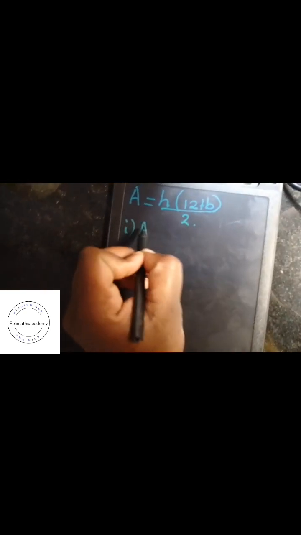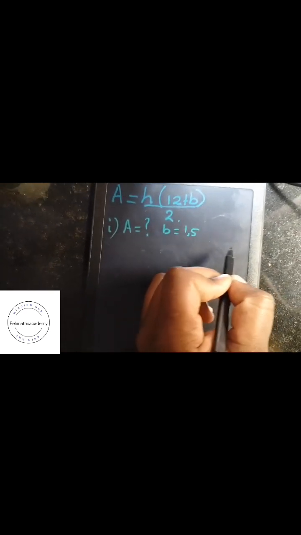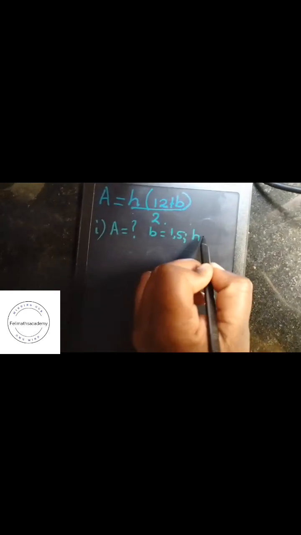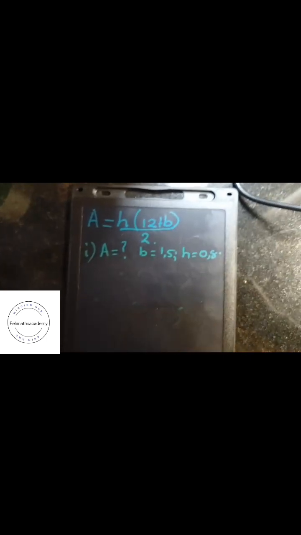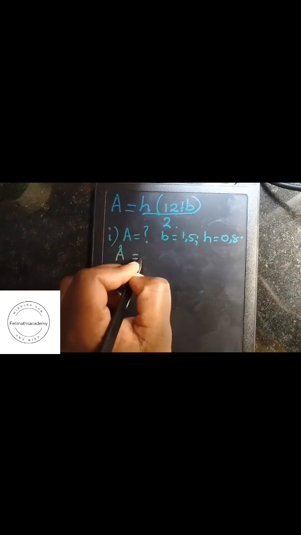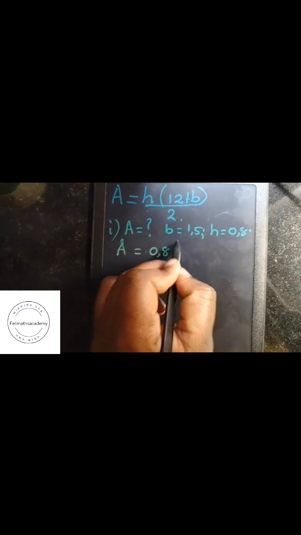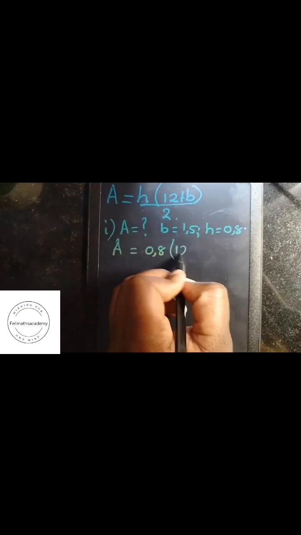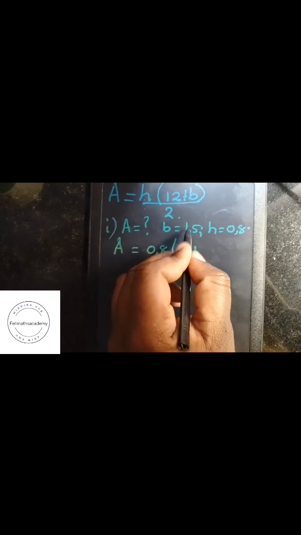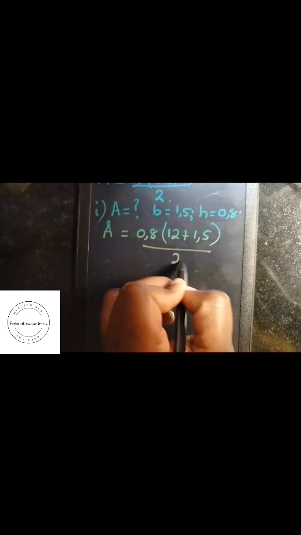So we want to find the value of A when B is equal to 1,5 and H is equal to 0,8. Right, so we are substituting the values of B and the values of H. So we have A is equal to H is 0,8 multiplied by 12 plus B is 1,5 all over 2.